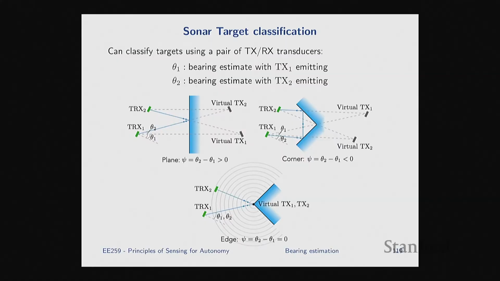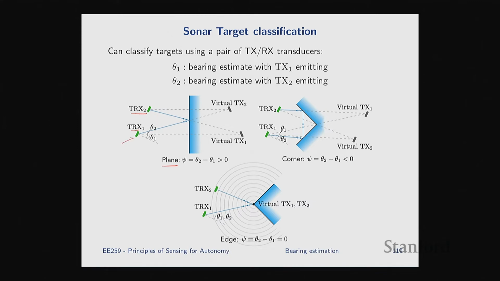This is how it works. Again, pure geometry. Let's look at the plane case. I'm writing these as TRX because it's a co-located transmitter-receiver combo, so TRX1, TRX2. Each is both a TX and an RX. Let's say first TX1 transmits, and what DOA do we measure?